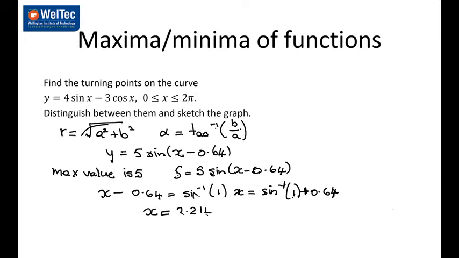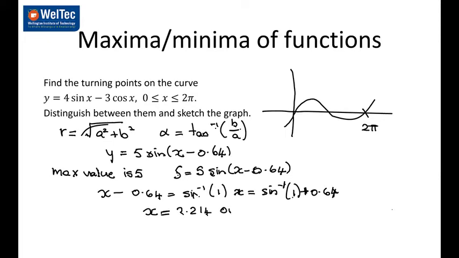Now if you think about this, this is just an ordinary sine curve. Omega is 1, so it's the sort of sine curve that has a period of 2 pi. So the difference between the maximum and the minimum is pi.